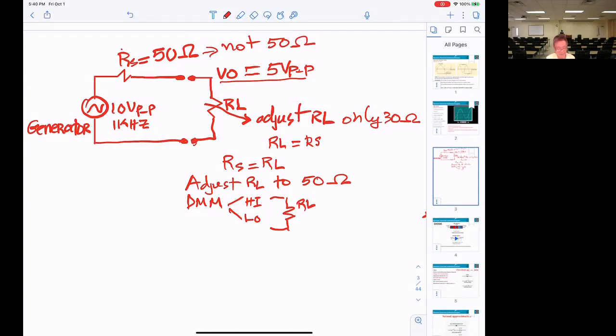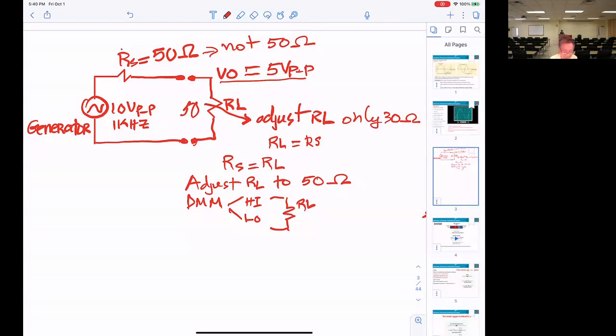So you just measure across the RL and adjust it until you get 50 ohm. So you know for sure this is 50. And now you connect to the circuitry.